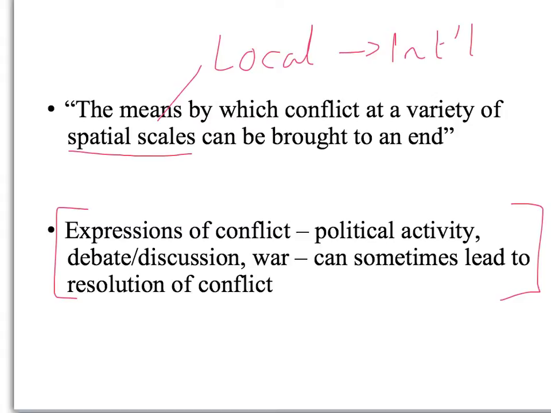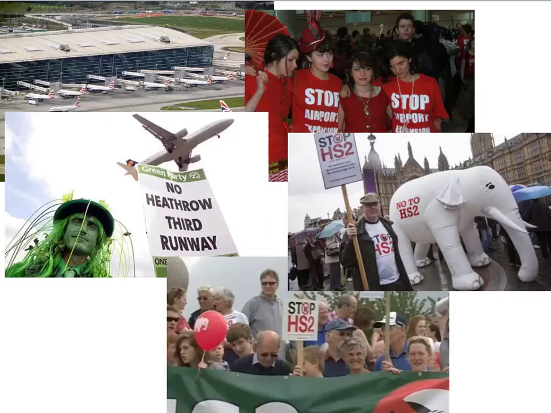We saw that in the Scottish drive for independence, debate or discussion, or even complete war, total war, can sometimes lead to the resolution of that conflict. So don't forget that those expressions can be resolutions as well.